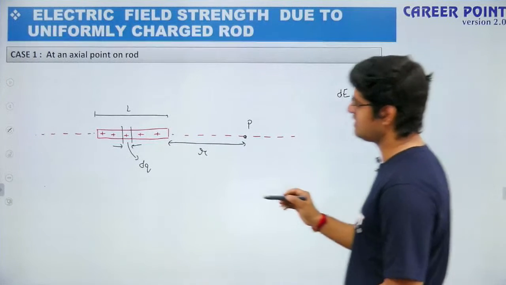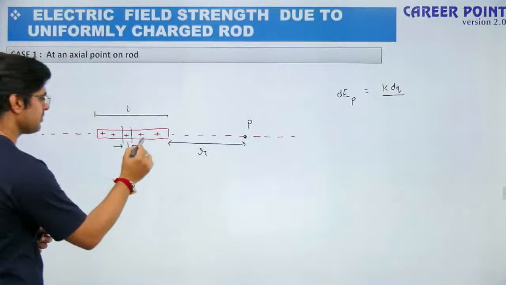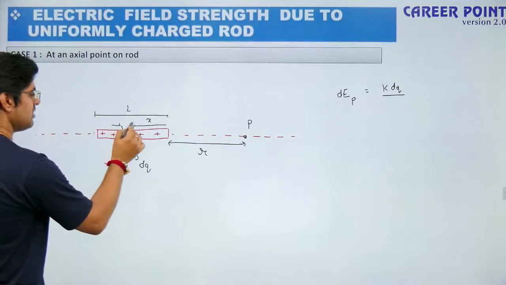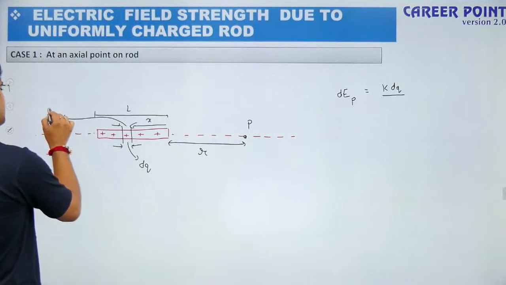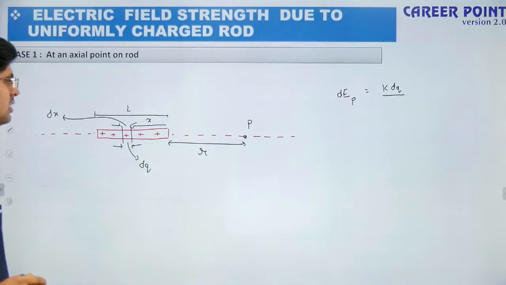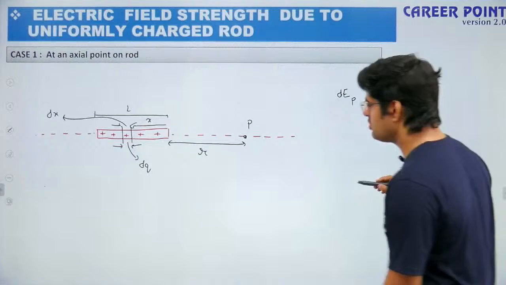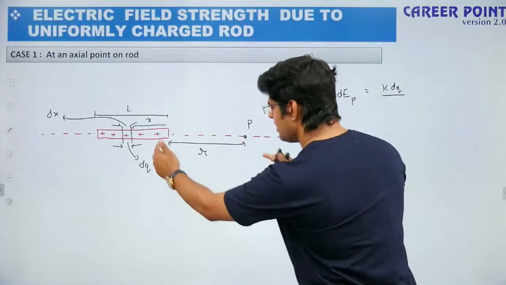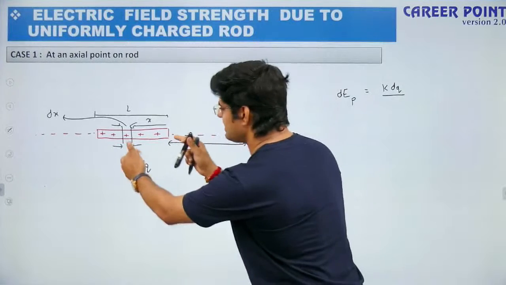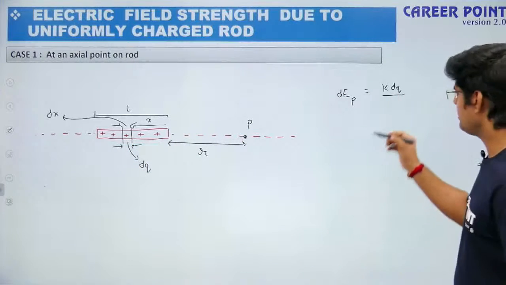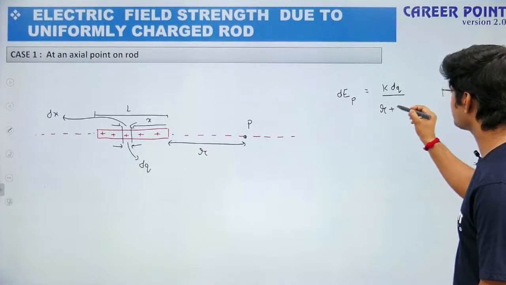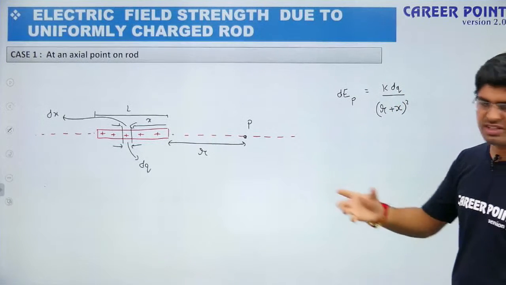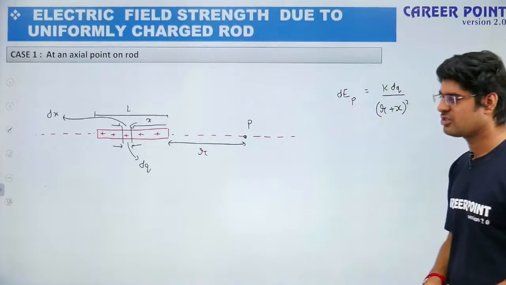Let's say this element I am taking at a distance x from this end, and the length of this element is dx. What is the distance between this point charge and point P? The total distance will be r plus x. So we can say K dq divided by r plus x whole square.